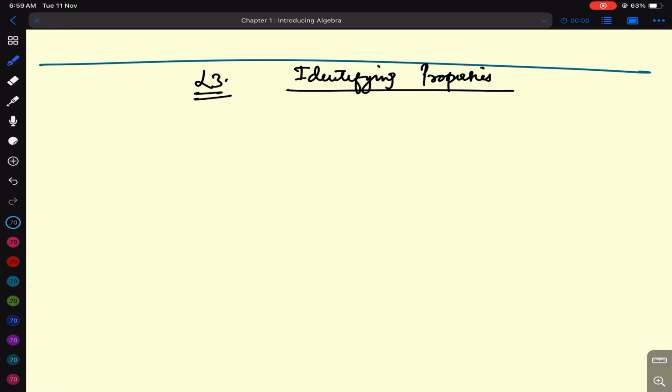So when I talk about the properties, what do I understand from the properties? Which properties are we talking about here? We are essentially talking about the properties of the operations. As you have seen, we have multiple operations: addition, subtraction, division, multiplication. So what properties do these operations follow? How do we perform these operations, and what properties are basically followed while performing them?